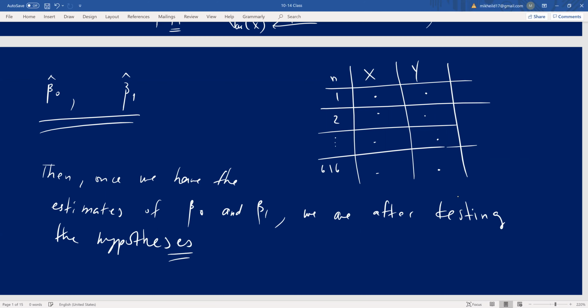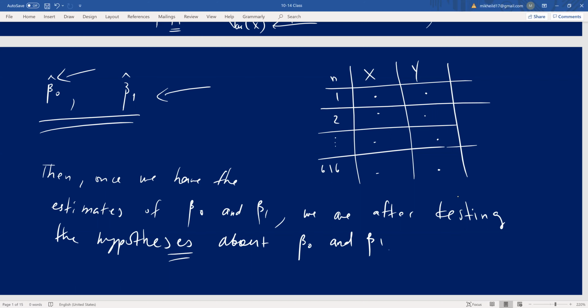This is in plural because we are interested in testing different kinds of hypotheses about what? About beta 0 and beta 1.